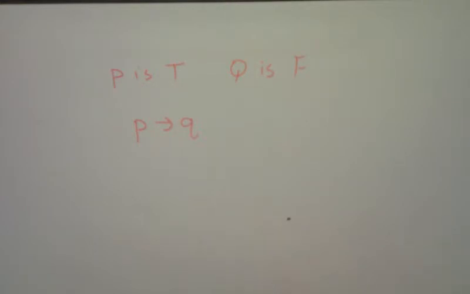Okay, that is false. You should have come up with false. When two statements are connected with the word "or," what is the new statement called? Okay, it's a disjunction.